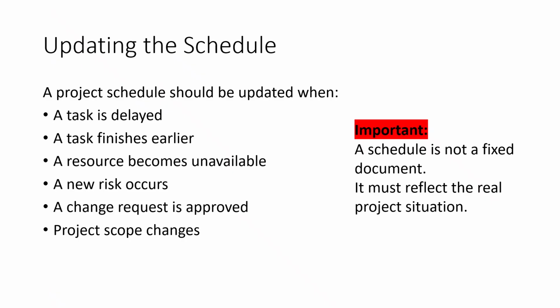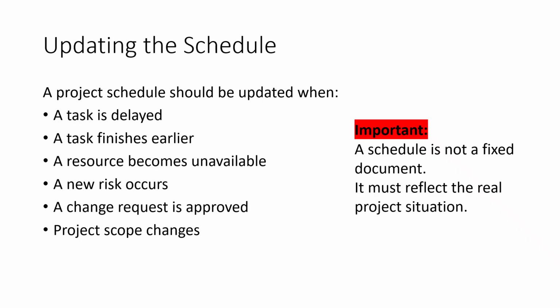A project schedule should not remain unchanged from the beginning until the end of the project. The schedule should be updated when a task is delayed, when a task finishes earlier, when resources become unavailable, when a new risk occurs, when a change request is approved, or when the project scope changes.